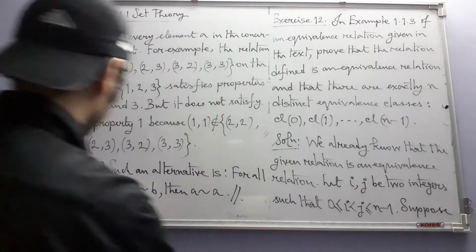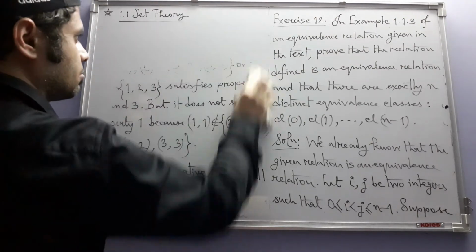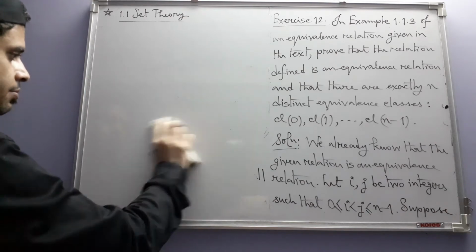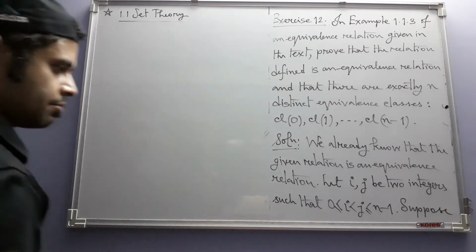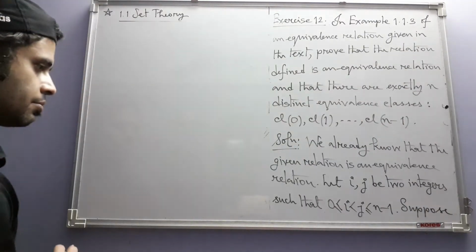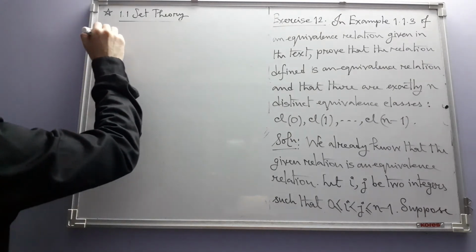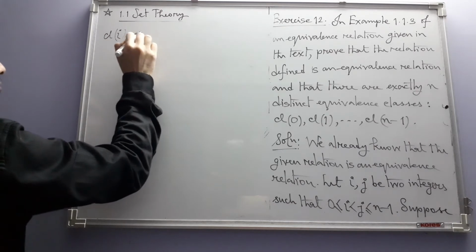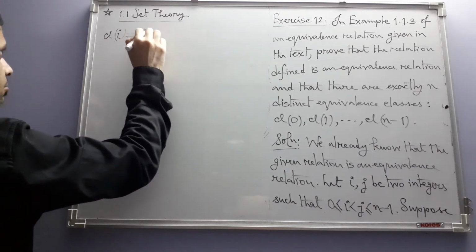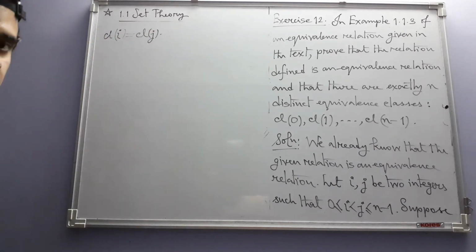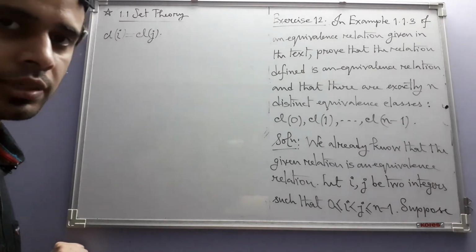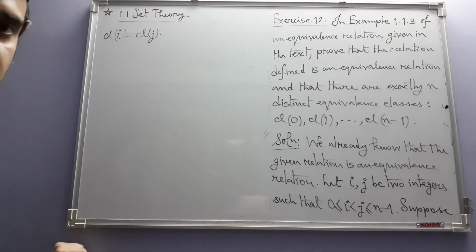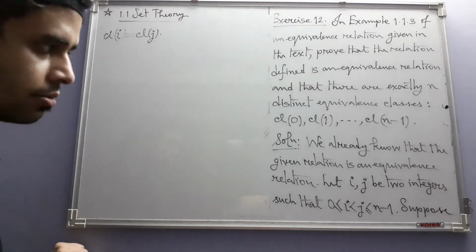Suppose class of i is equal to class of j. We are supposing something, we will arrive at a contradiction that will prove that our supposition is wrong.